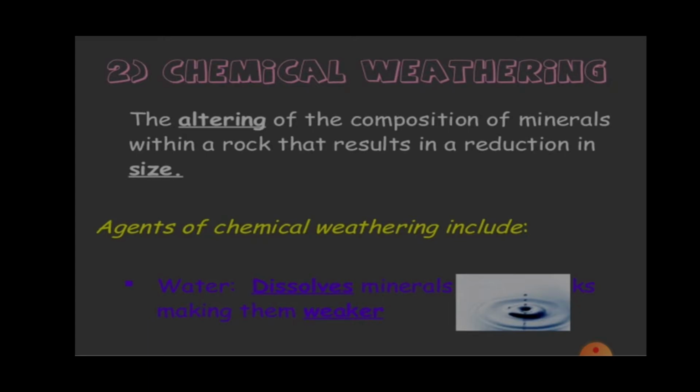This is where one type of mineral changes into a different mineral. Chemical weathering works through chemical reactions that cause changes in the minerals. Note that water is the most important agent of chemical weathering. Two other important agents of chemical weathering are carbon dioxide and oxygen.